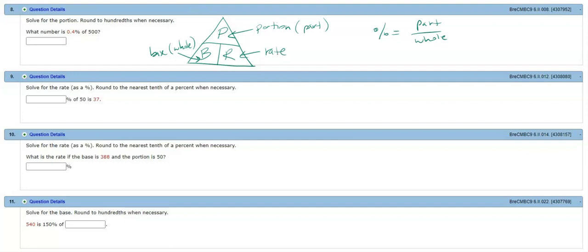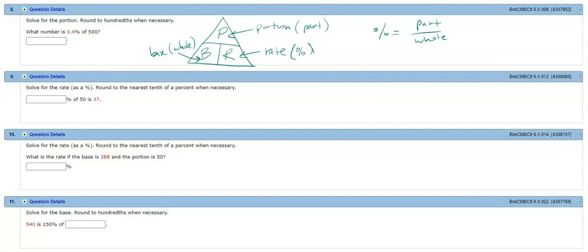And so when I say that we're able to use this triangle to make all of the different formulas that we might want to use, what I mean is that if we want to make a formula, for example, to solve for the rate, which is always the percent, we want the rate to be the part to the whole.